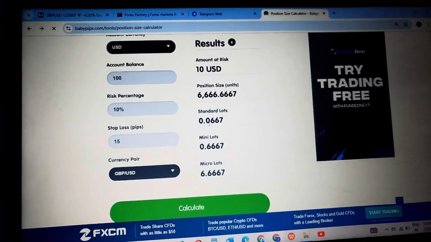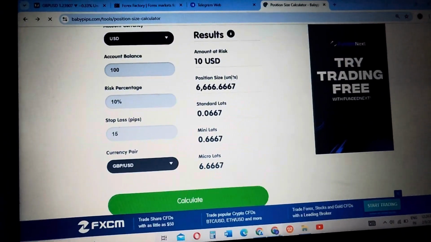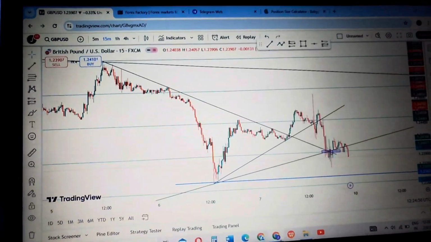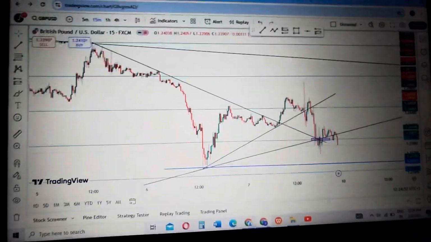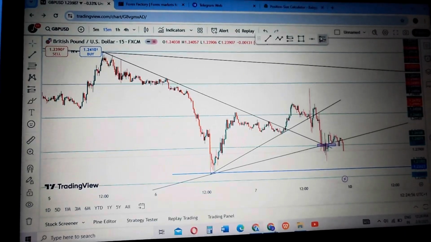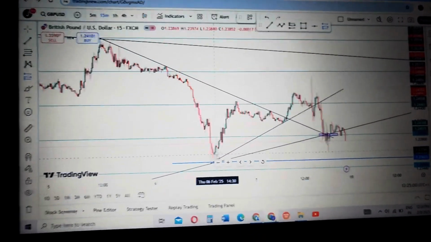After you have calculated your risk here, which is you ought to use 0.06, you just go to your MetaTrader 4 or MetaTrader 5. Say for instance you want to buy this trade, like this trade that I supported in the last 30 days.